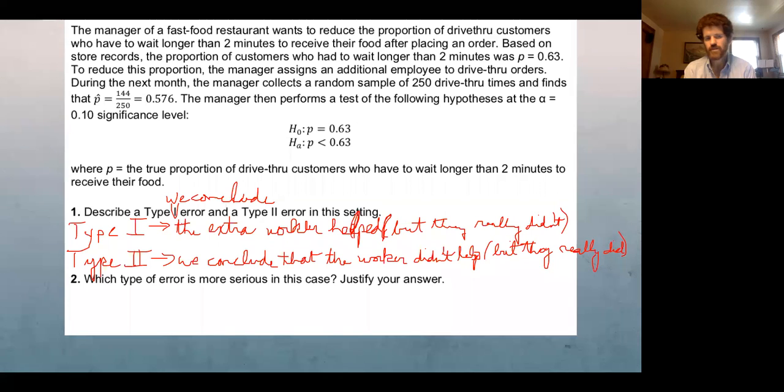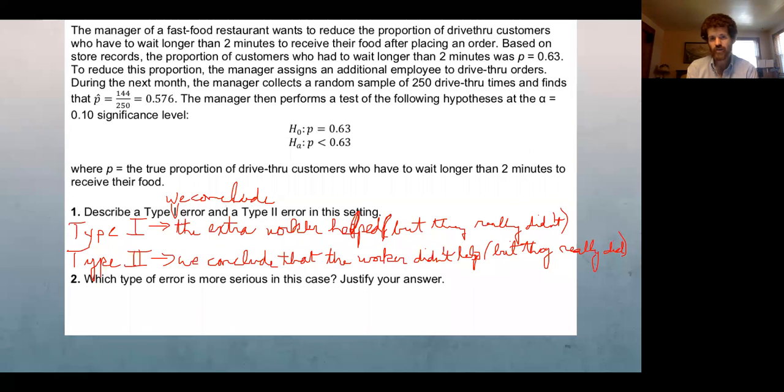So I hope you can see with this type 1 and type 2 error and all this, this is where statistics gets a little bit more gray and maybe a little less just intuitive, where you really have to think through the scenario. If we focus on the consequences here, just because I want to move this along a little bit, type 1, the biggest consequence here is that we say the extra worker helped when really they didn't help.